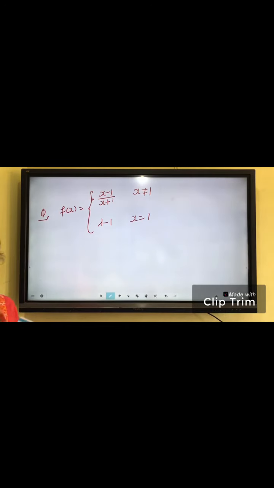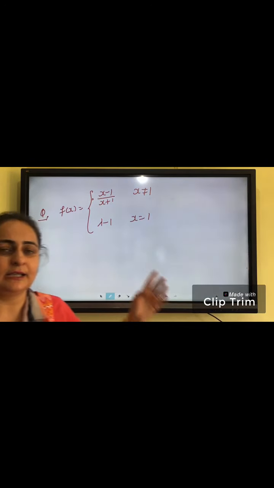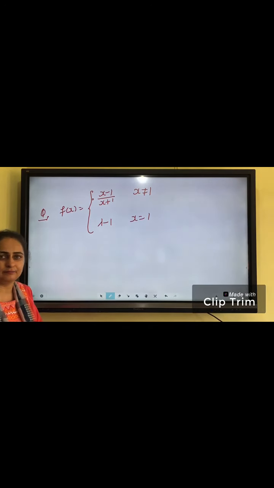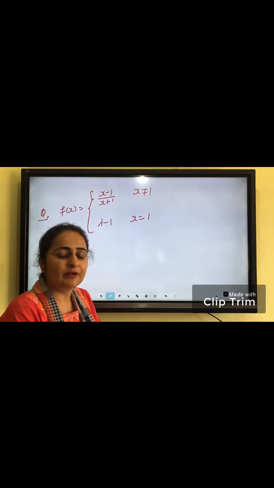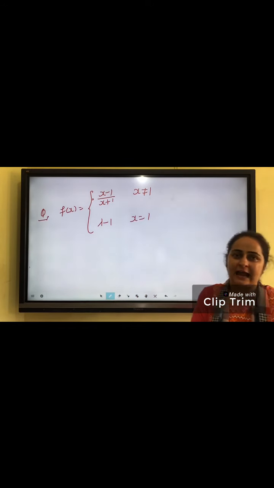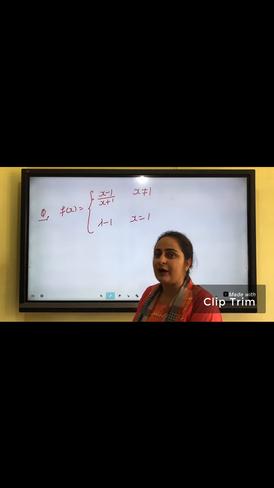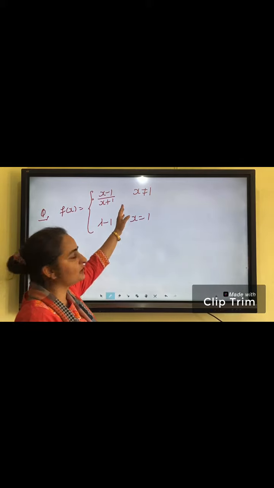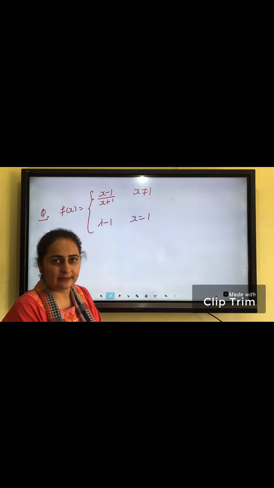Given that the function is continuous at x equals 1, it means the function is in the form of not equal to or equal to. So we only need to calculate a simple limit and the value of the function. Here we don't need to find the left hand limit or right hand limit, because we don't have any condition for greater than or smaller than.